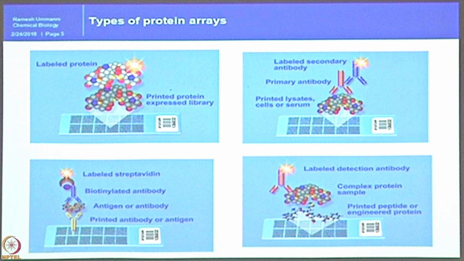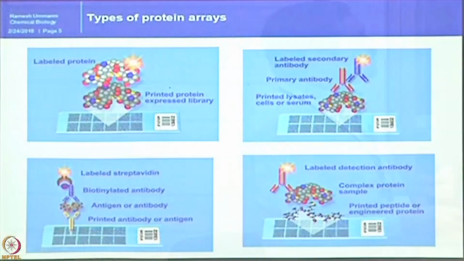This protein is not labeled here, which is why we need a detection antibody. The detection antibody can be any biotin-related antibody or any of your choice. Then you can detect the captured protein by looking at the signal. I will explain the different signaling methods that can be used. And this is the real approach we are going to talk about for the next half hour or 45 minutes.